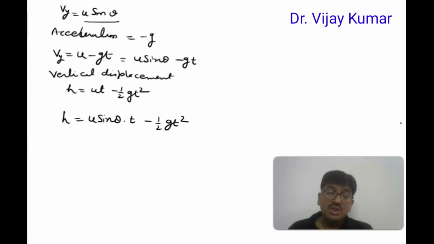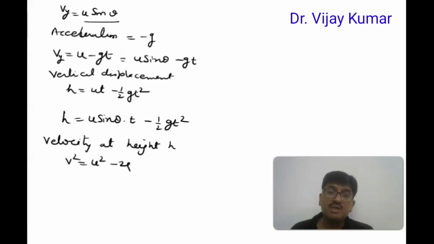And velocity at height h. If we have to calculate the velocity at height h after time t from the surface, we know that v square equals u square minus 2gh, and we can take it as vy square equals uy square minus 2gh at height h.